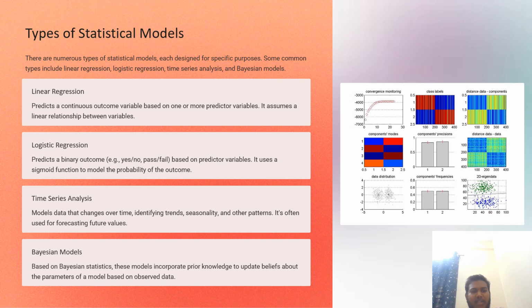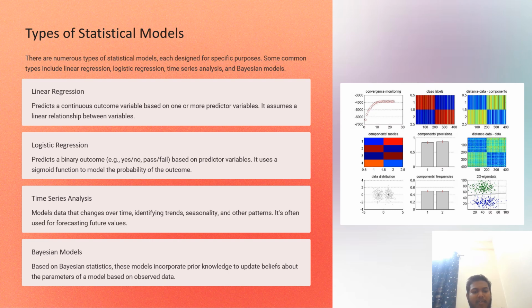Next, logistic regression predicts a binary outcome based on the predictor variables. It uses a sigmoid function to model the probability of outcomes. Next, time series analysis models data that change over time, identifying trends, seasonality, and other patterns. It is often used for forecasting future values.